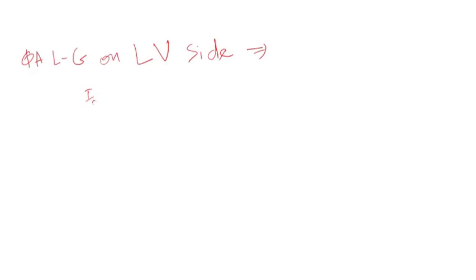So the A phase, what I can call the fault current, that will flow through phase A on the high side is the positive sequence current through the high side plus the negative sequence current through the high side plus the zero sequence current through the high side.